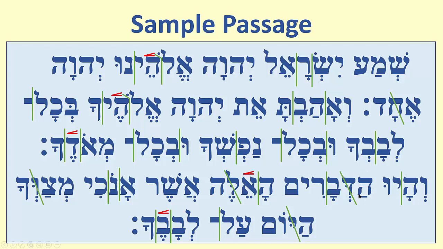So therefore, this can't have the accent anyway. The second dalet in this doubled letter is going to be a cluster with the bet that follows. And this kamatz is showing up in an open syllable, which is allowed in the rule of unaccented syllables. The last syllable, however, is closed with a long vowel. That breaks the rule of unaccented syllables, so we know this must get the accent. Hadvarim.